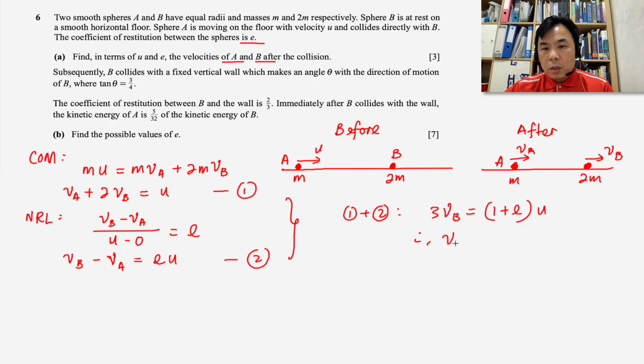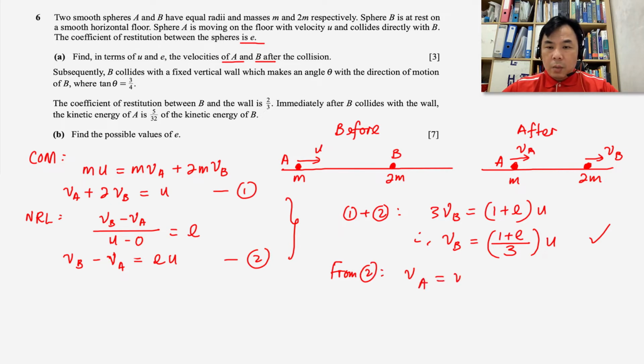Therefore, we conclude that the speed, or you can say velocity, here doesn't really matter because the object is just moving in one direction. That will be 1 plus e over 3 times U. There you go, right? And then next, all you need to do is just substitute into number 2, for instance. From equation 2, we notice that VA is VB subtract off eU.